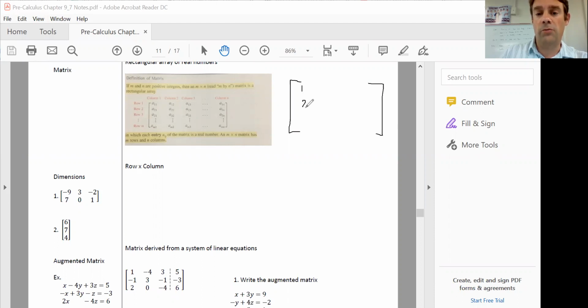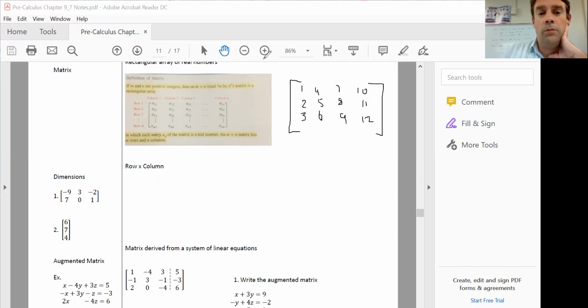I'm just going to number these off: 1, 2, 3, 4, 5, 6, 7, 8, 9, 10, 11, 12. Matrices are just a way to put different numbers and different items into some sort of arrangement or array. Each one of these is some entry.